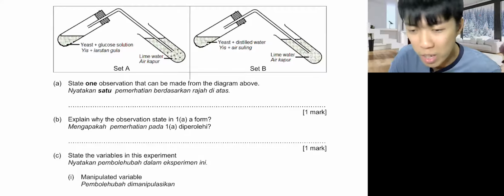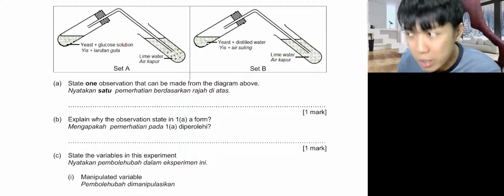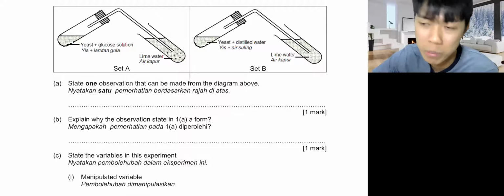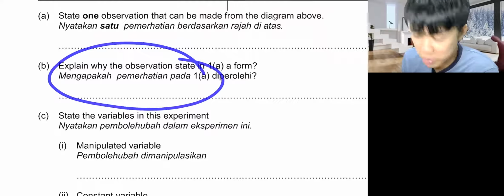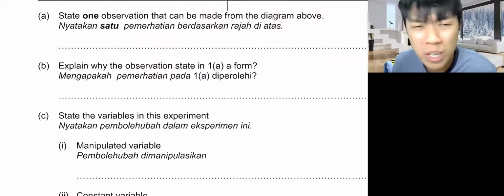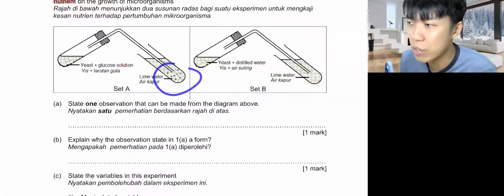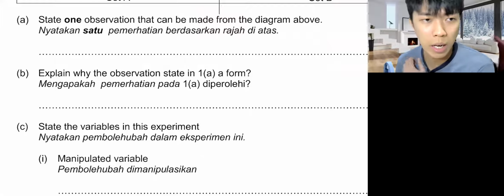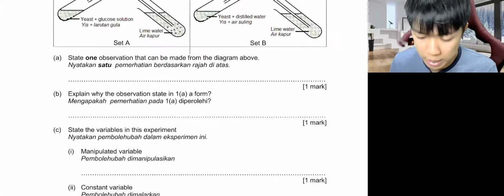Why got bubble? Got carbon dioxide. So the main point here is why got bubble? Because carbon dioxide is released. So the main point here is you must talk about carbon dioxide. Okay, so just for explanation, you can write what is released. You can write carbon dioxide is released during the reaction between glucose and yeast.